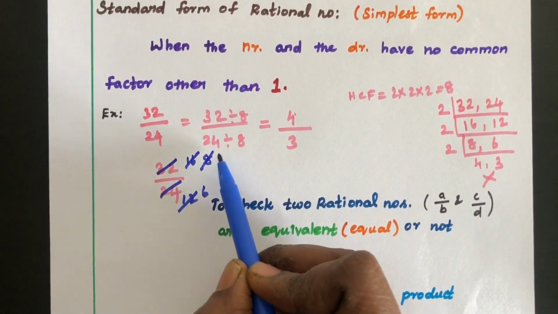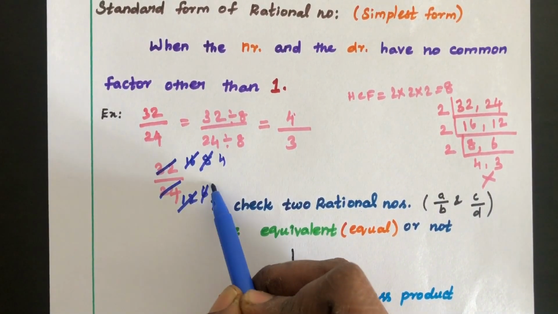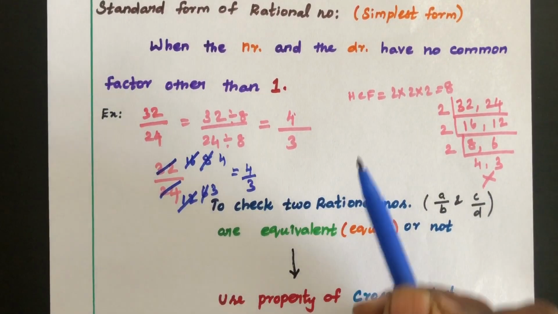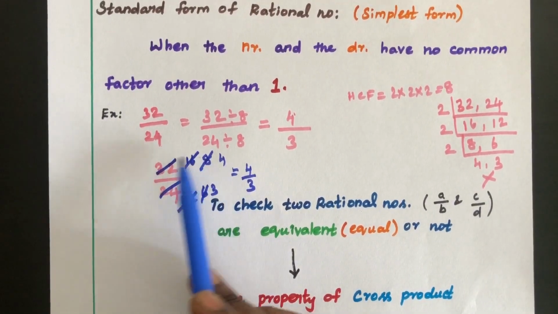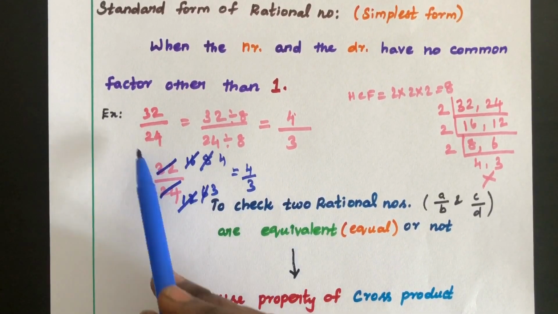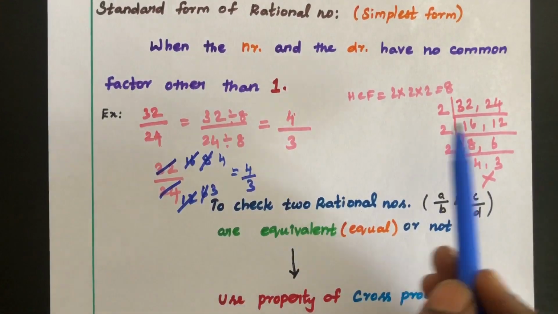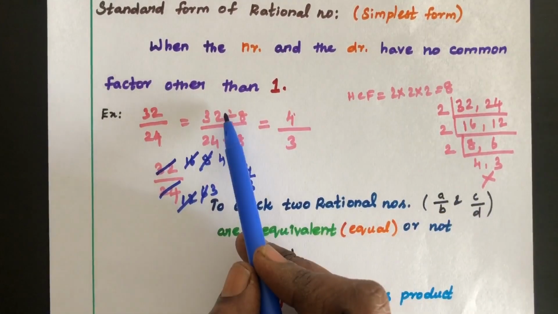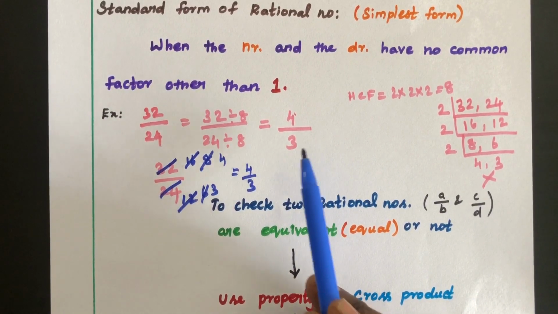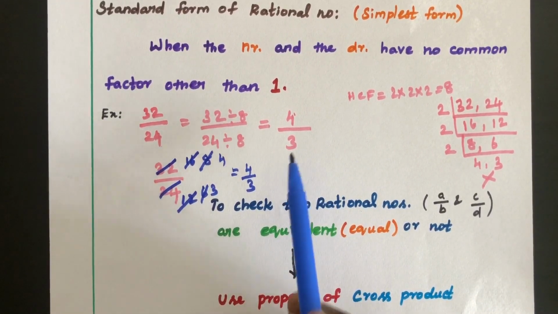Again we can cancel by 2. So this is 4 and this is 3. So ultimately we get our answer as 4 by 3. So using this cancellation method you can do this, or find the HCF and divide by that HCF in both numerator and denominator and find the standard form or simplest form of the rational number.